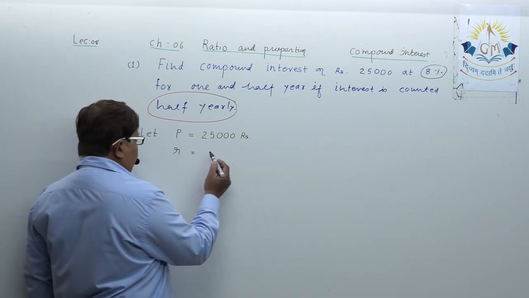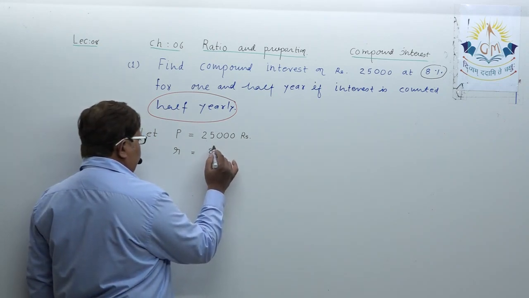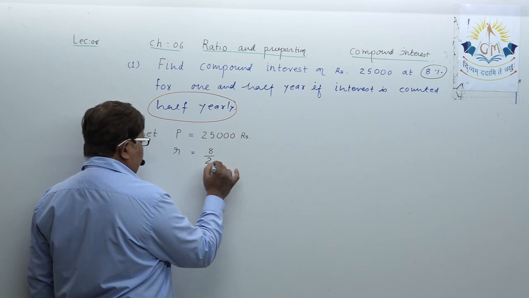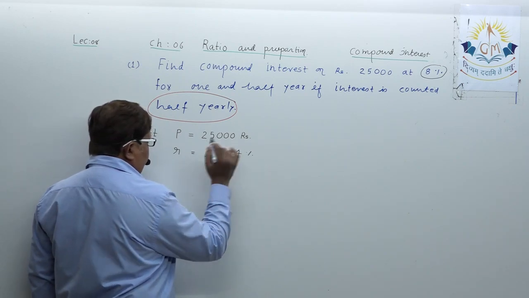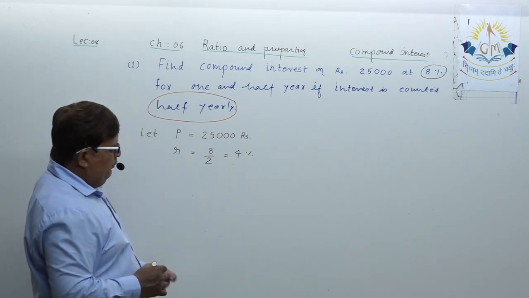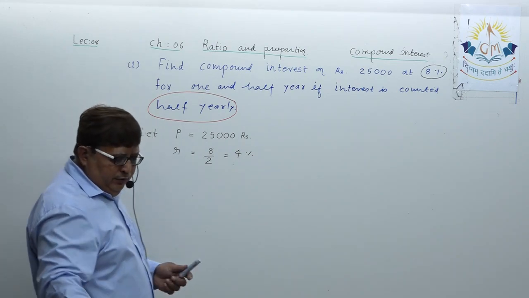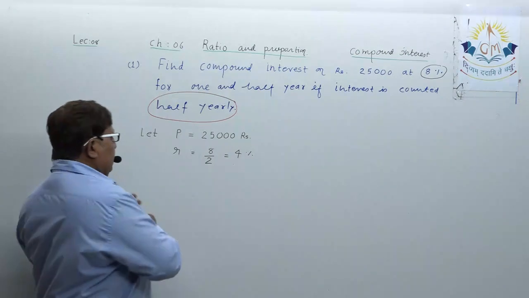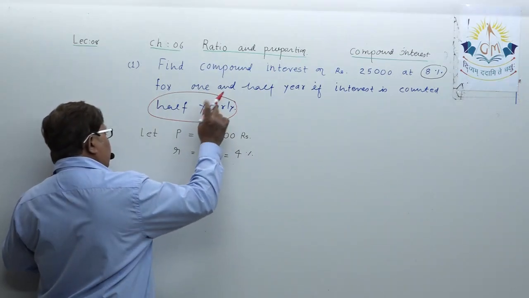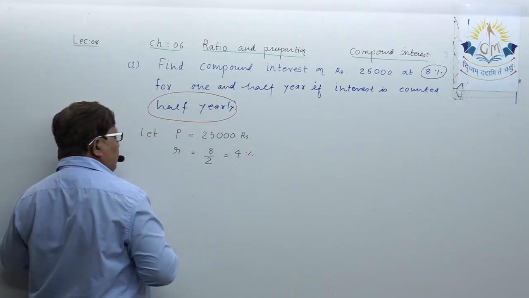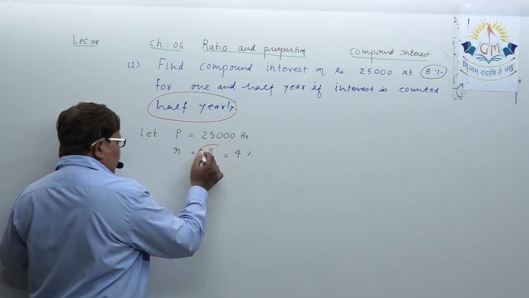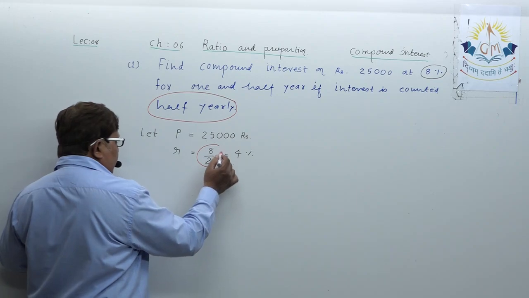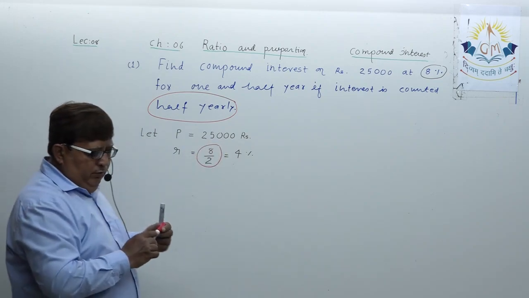Okay, so rate of interest 8 upon 2, that is 4%. Remember this is very important. Whenever interest is counted half yearly, rate of interest to be divided by 2.